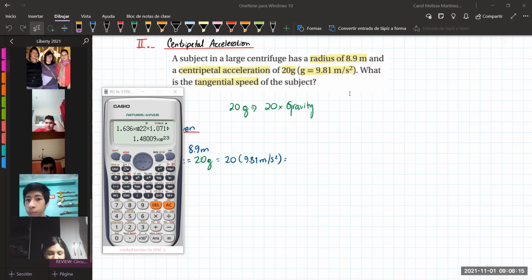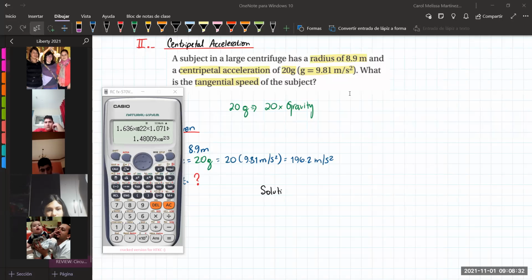And this in the end is 196.2 meters over second square. And they're asking you to find VT, the tangential speed, the unknown. So the solution process is quite simple.